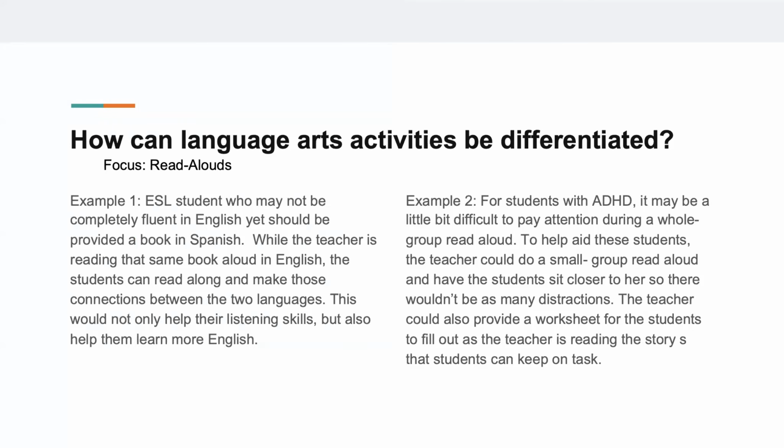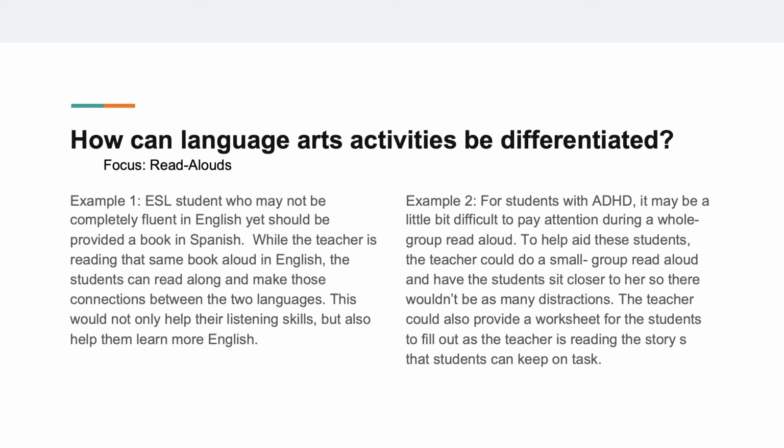So how can language arts activities be differentiated? The first example is with ESL students. For students, specifically in my example, I did students who speak Spanish. So if a teacher's reading, I focused on read alouds for these also. So for a teacher reading a book in English aloud to the classroom, she could give the ESL student a book written in Spanish.